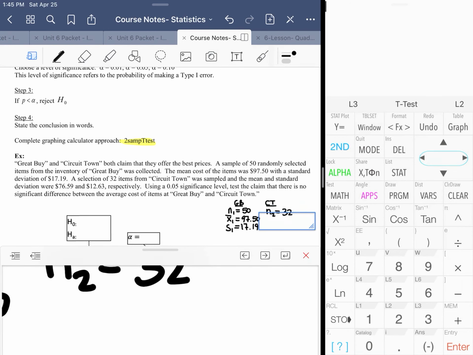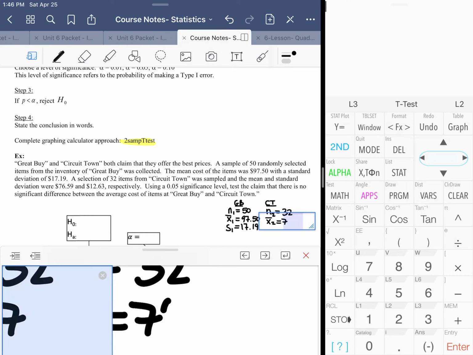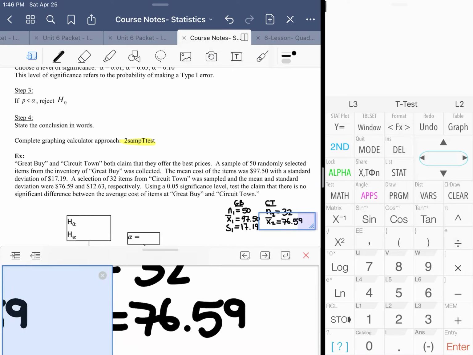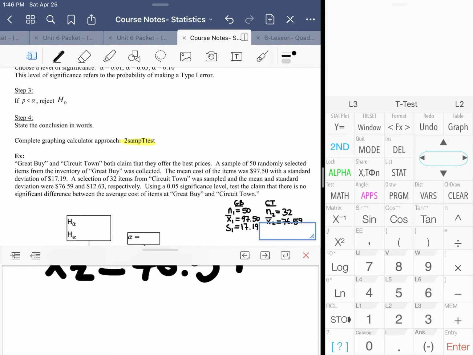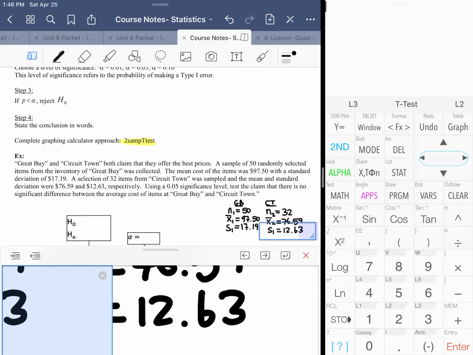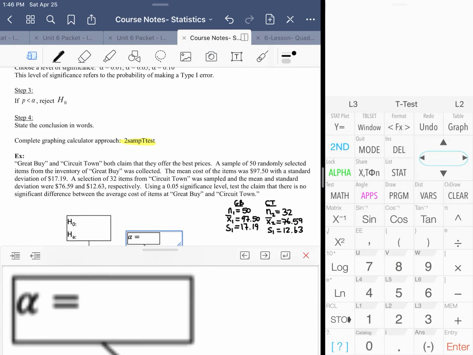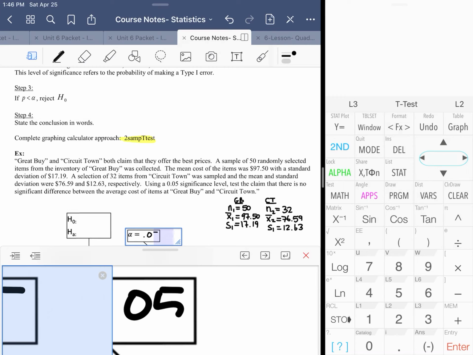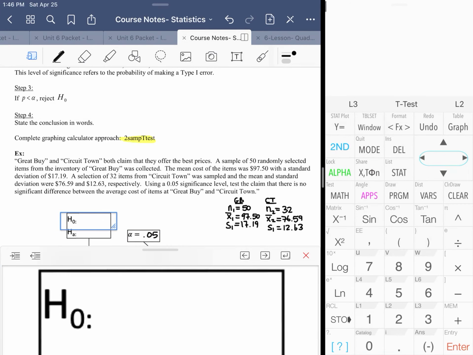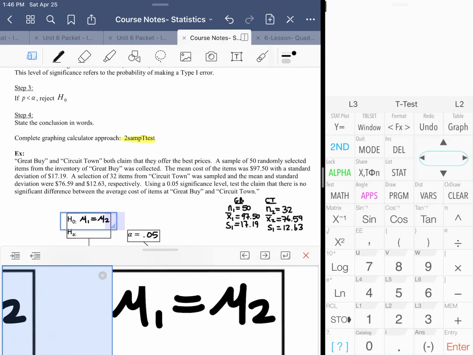A selection of 32 items from the inventory of Circuit Town was sampled, and the mean and standard deviation were 76.59 and 12.63 respectively. Alpha is 0.05, and we want to test the claim that there's no significant difference.